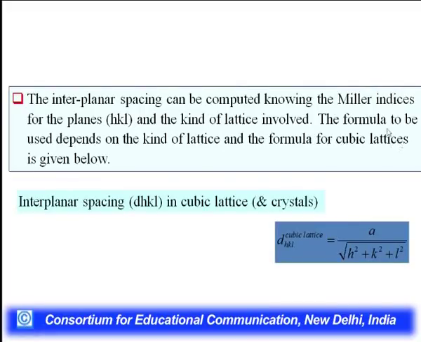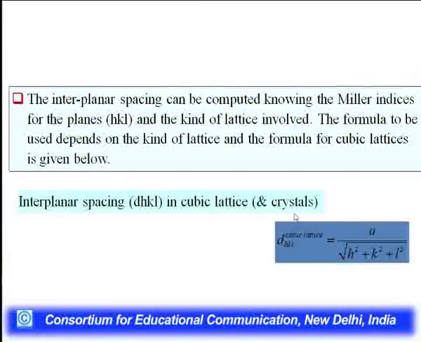The formula depends upon the kind of lattice, and the formula for the cubic lattice is given below. Here, d, the spacing between two planes, is given by a divided by the root of h square plus k square plus l square.